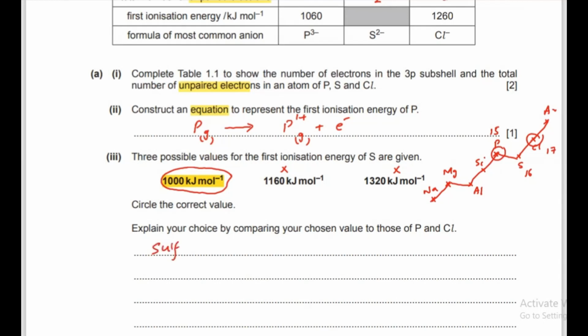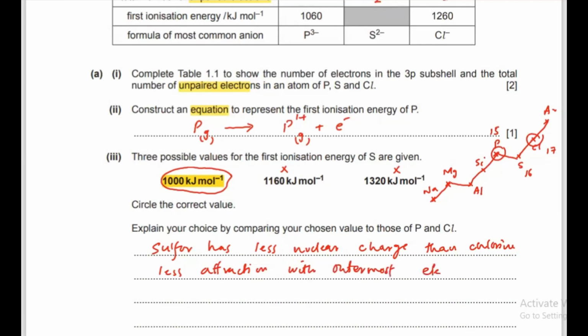So we can say that sulfur has less nuclear charge than chlorine, so less attraction with outermost electrons. So definitely less energy is needed to remove an electron.